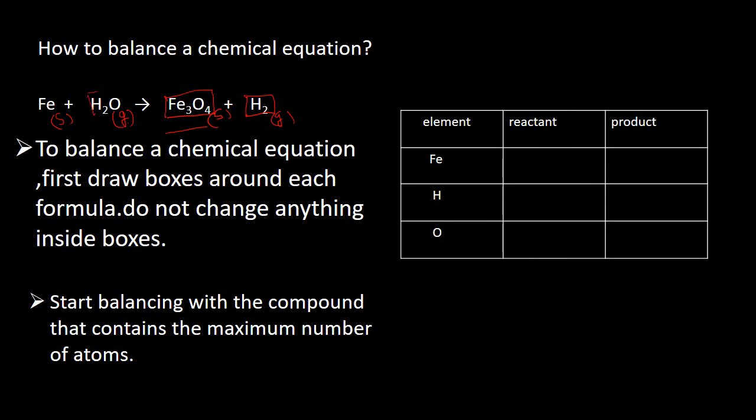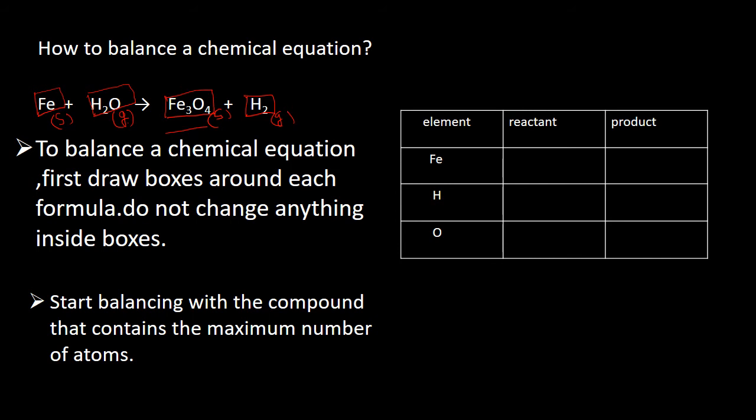Why are we doing that? So that we are not altering the number of atoms in this particular formula. Instead, you can add coefficients in front of the formula. You can't alter the number of Fe in Fe3O4, you can't change that. So what you can do instead is add some coefficients here.